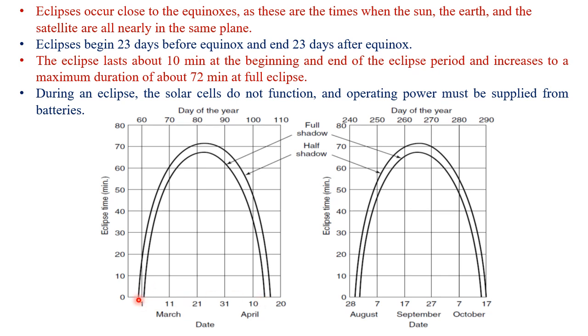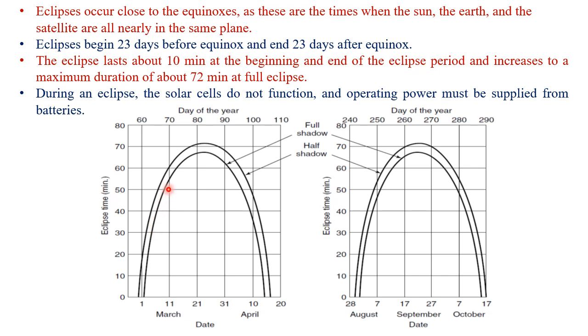But from 1st March, the amount of time for which the satellite is inside the shadow region is really small, just a few minutes. But for 2nd March, 3rd March, the amount of time will increase.